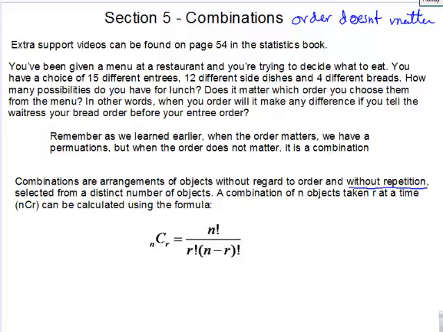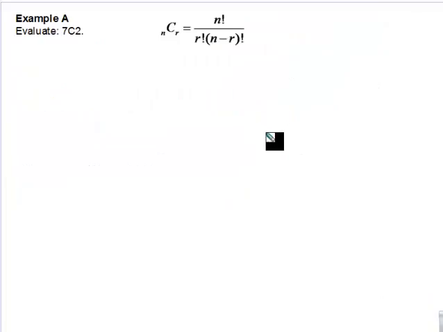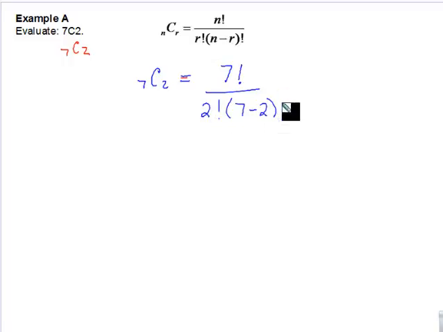Okay, so if we're going to calculate, these should be small, sorry, 7C2. Using this formula, 7C2 is equal to 7 factorial divided by 2 factorial times 7 minus 2 factorial. So that'll give me 7 factorial over 2 factorial times 5 factorial.